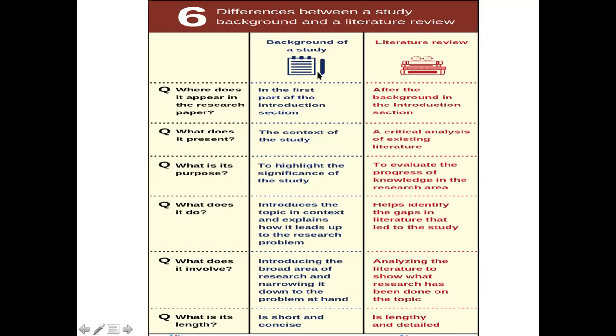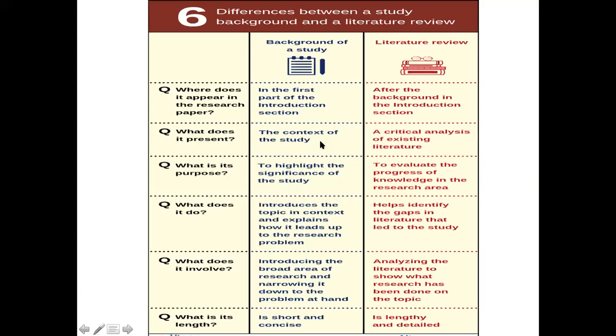Okay, when you compare the background and literature review, you can see here, the background comes in the beginning part of our proposal, and the literature review will come following the background. That is the position in the proposal. And then when we are talking about the content of the background and literature review, what does it present?